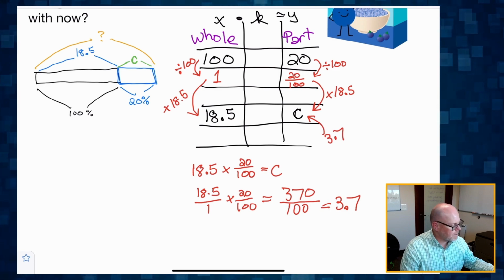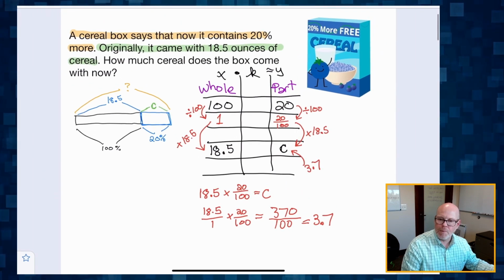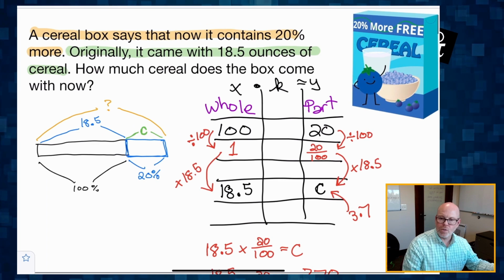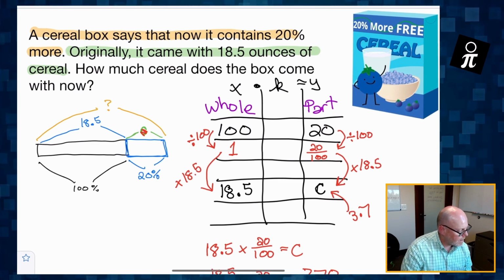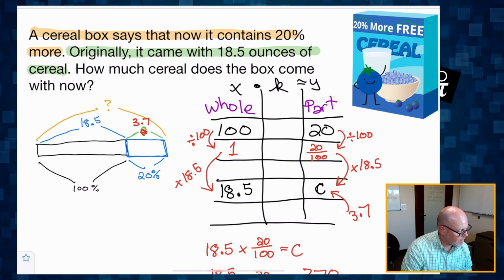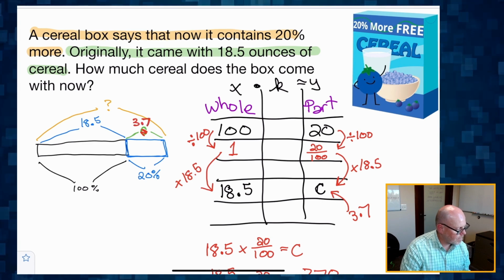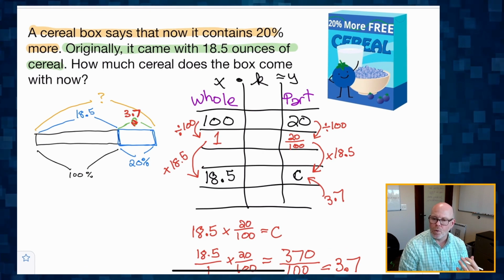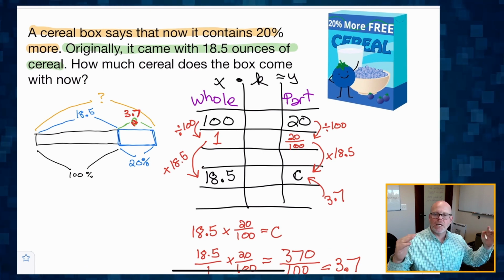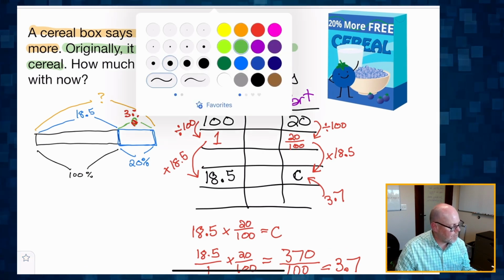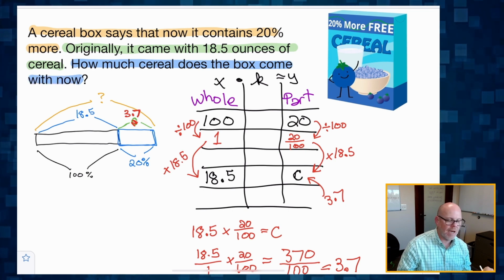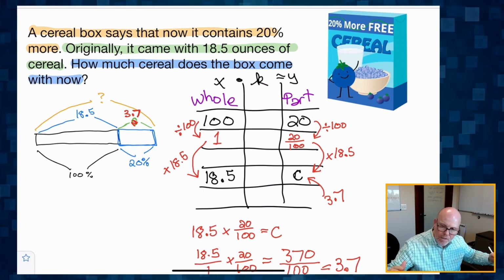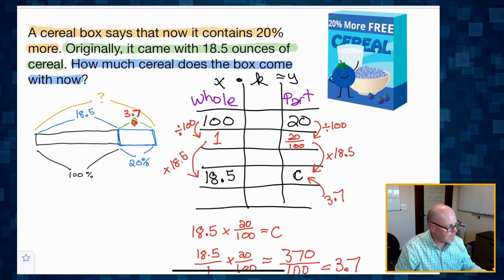Does that mean we're done? No way, because look back at our pictorial representation. We know that C is equal to 3.7. But the real question is asking, how much cereal does the box come with now? Which is the entirety of this tape diagram.